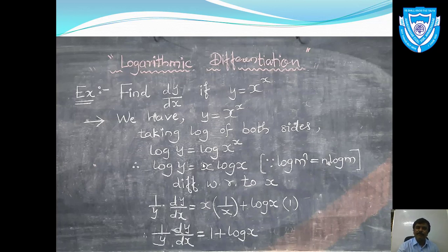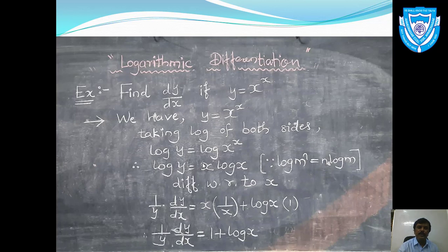Now we are familiar with the formula which we have studied in class 11th only. In general, in most of the cases we write the derivative of log x as 1 upon x. But यहाँ पे we can see that on the left hand side the function is log y. So yes, of course we are going to write its derivative as 1 upon y only, as we write the derivative of log x as 1 upon x.